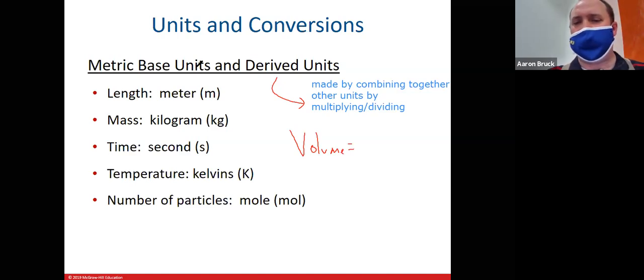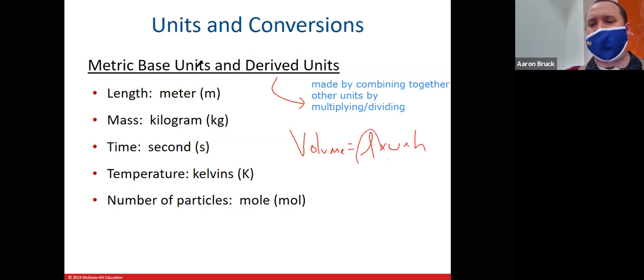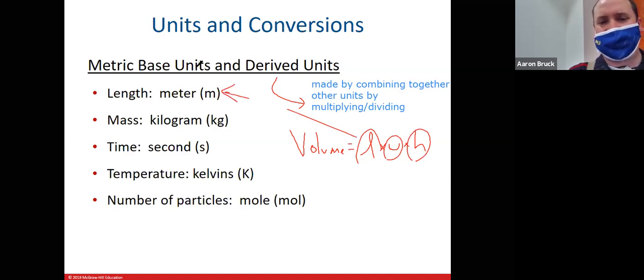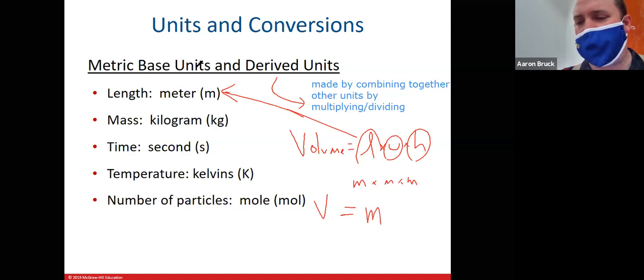Volume is equal to length times width times height. All three of these dimensions are dimensions of distance. And so if I take meters times meters times meters, I would get for volume the derived unit of cubic meters.